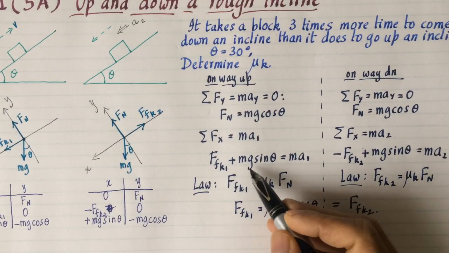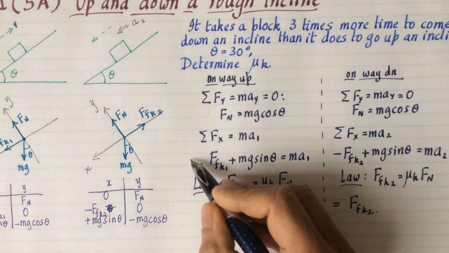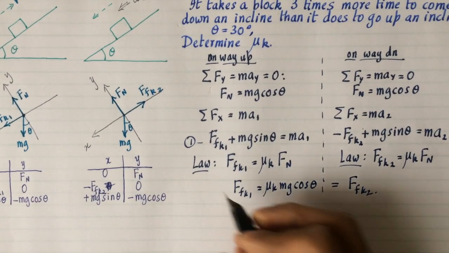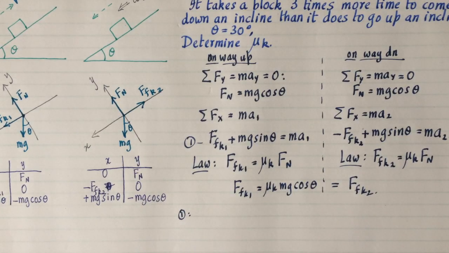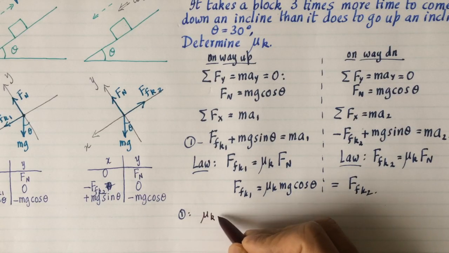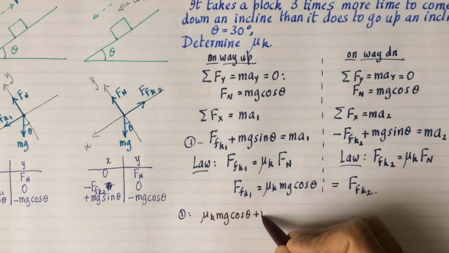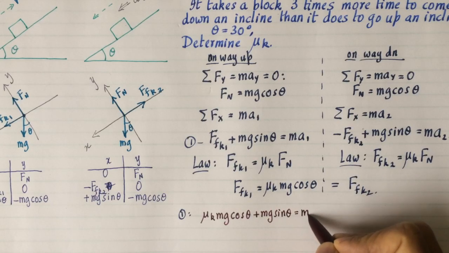So now we have all our ingredients. Let's try to put this in that equation and solve. I'll call this equation 1 and equation 2. From equation 1, I get mu k mg cosine theta plus mg sine theta equals ma1.